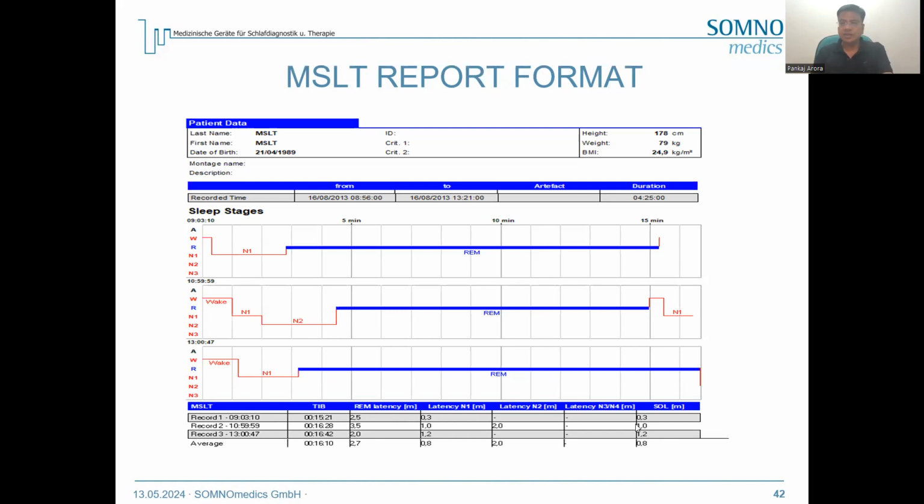If the sleep onset latency is less than 8 minutes and you get 2 SOREMs, then you can say it is a confirmatory test for narcolepsy. In this case, we are getting 3 SOREMs and sleep onset latency is less than 8 minutes. So this is how the MSLT report format can be generated.